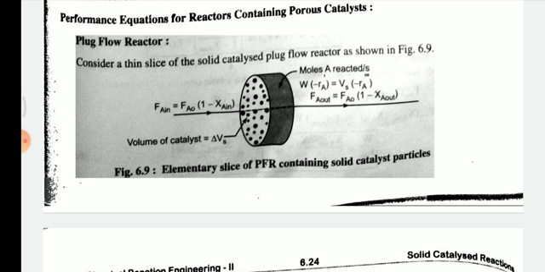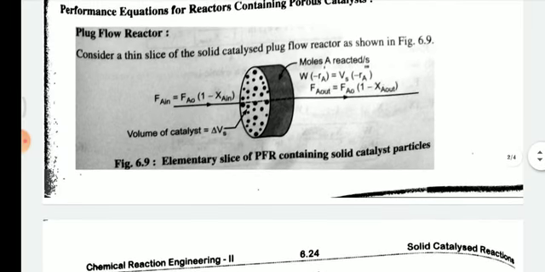Similarly, at the surface of the catalyst, that is moles A reacted, the moles that react at the surface of the catalyst. Then W into R minus R dash is equal to Vs into minus R double dash.